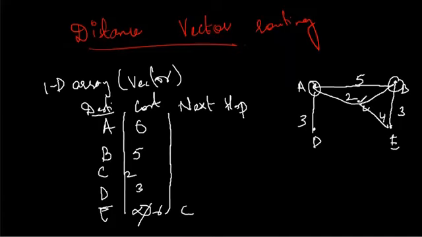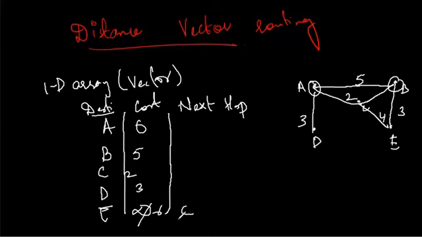So C will share the information that it is connected to E and B with A. A knows that it is already connected to B, but since it is not connected to E, it will update its array, or its vector. This 1D array is also referred to as a vector, and it will update the table and change the infinity value to 6 with the next hop.